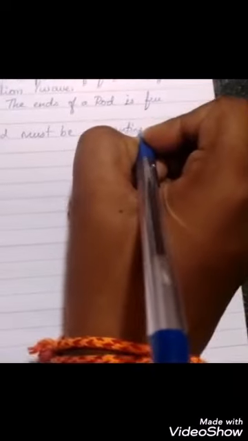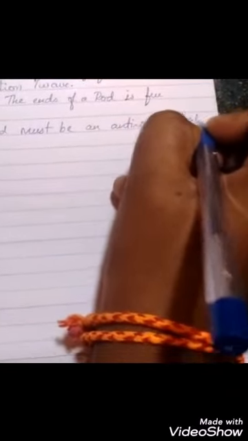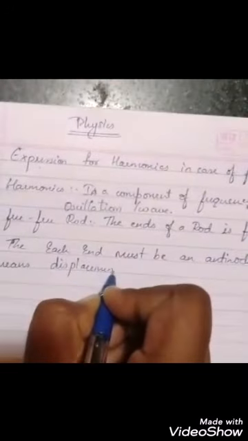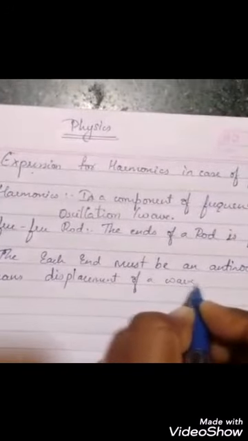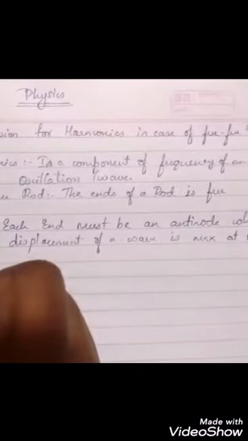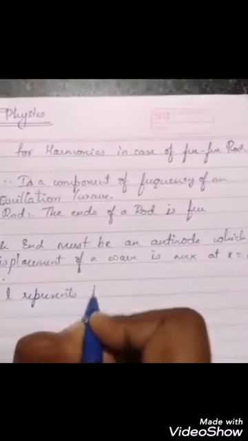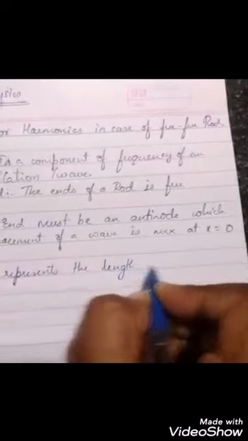So each end must be an antinode, which means the displacement of a wave is maximum at x equals 0 and x equals L, where L represents the length of a rod.